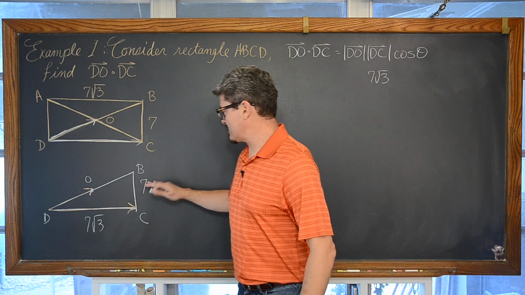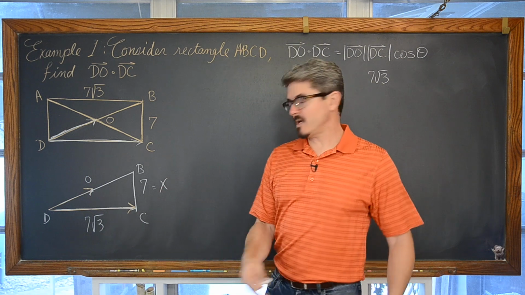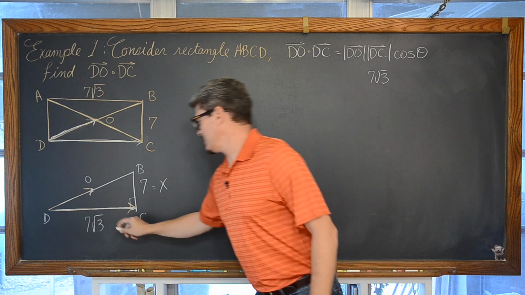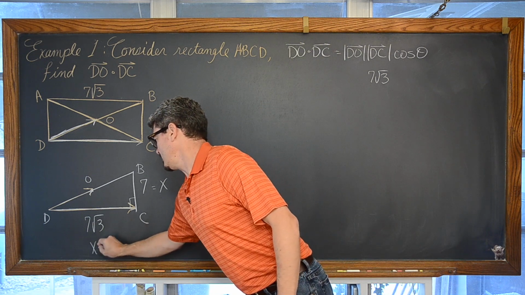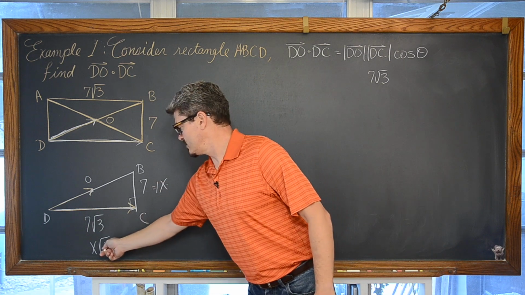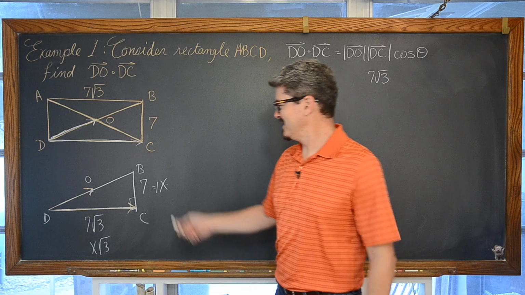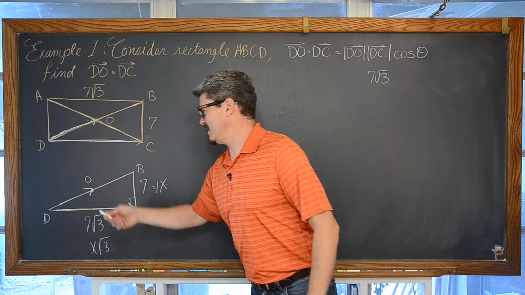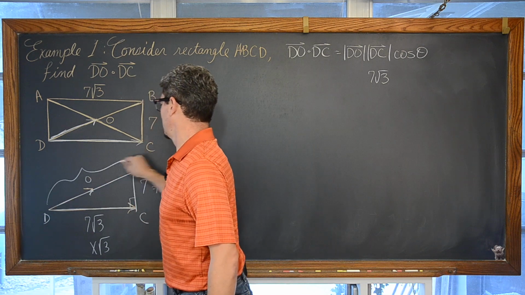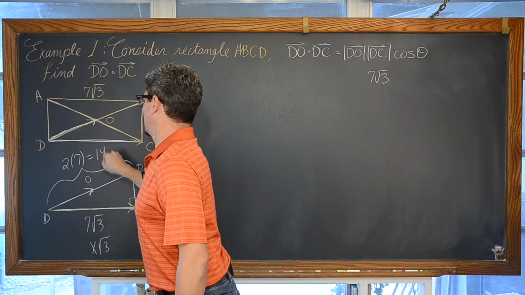If you've got a side that's some arbitrary length, the other leg that makes that right triangle is the same arbitrary length, only multiplied by the square root of 3. Well, 1, square root of 3 means the hypotenuse is twice as long, which means that this entire length is 2 times 7, or 14.